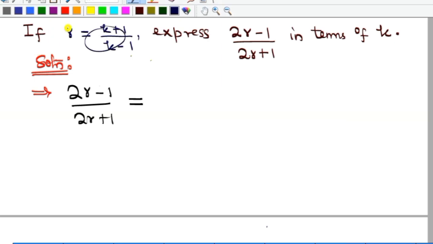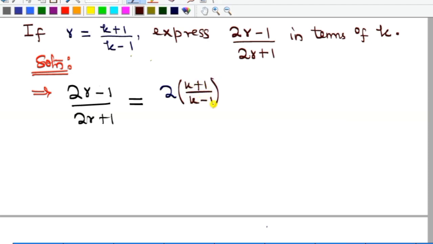So just substitute r as k plus 1 all over k minus 1 wherever you see your r, and so this is going to give us 2 into my r, which is k plus 1 all over k minus 1.